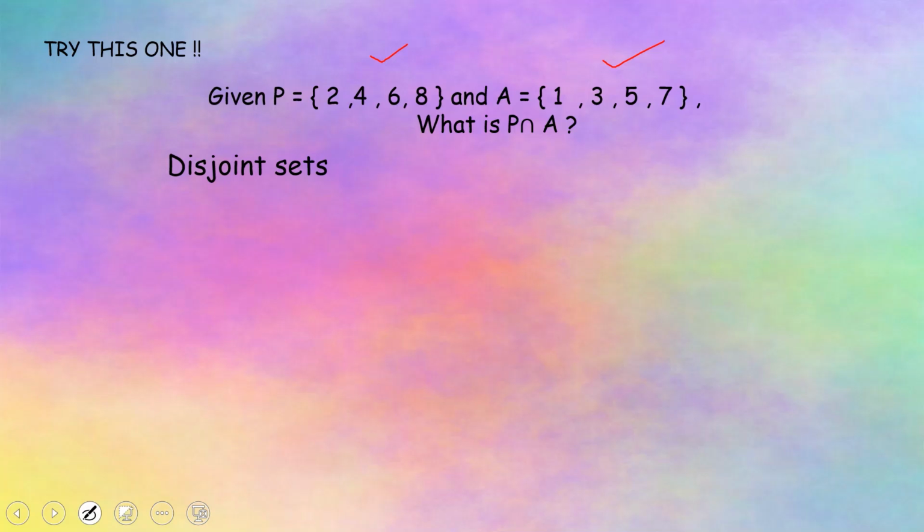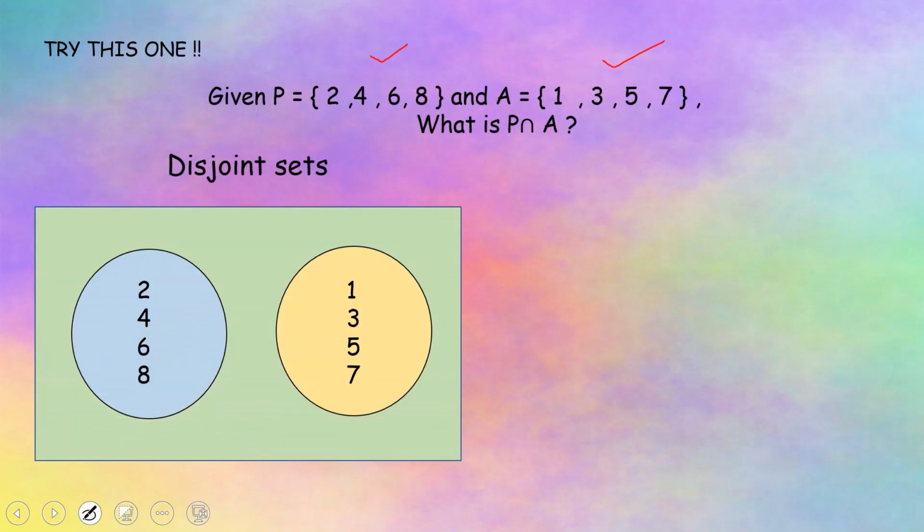Yes, okay. Let me discuss. When you represent these two sets in the form of a Venn diagram, you see that P is one set and A is one set. But if you notice the elements, there are no elements common in both the sets.